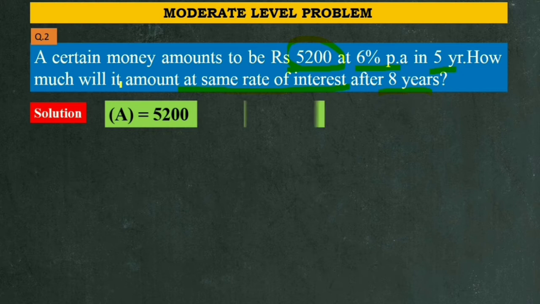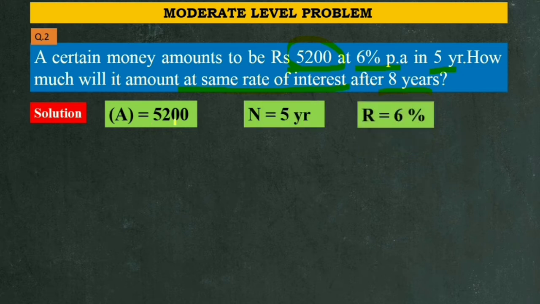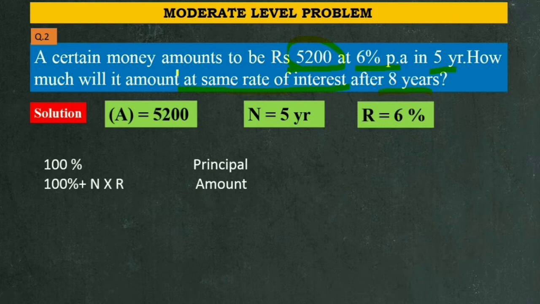So simply the amount for 5 years is given, that is 5200. The period is given, that is 5 years, and the rate is given, that is 6%. So before solving this, we first have to calculate the principal for 5 years. What is the principal? And after calculating the principal, we will apply it in the second case, and we will calculate the amount for 8 years.